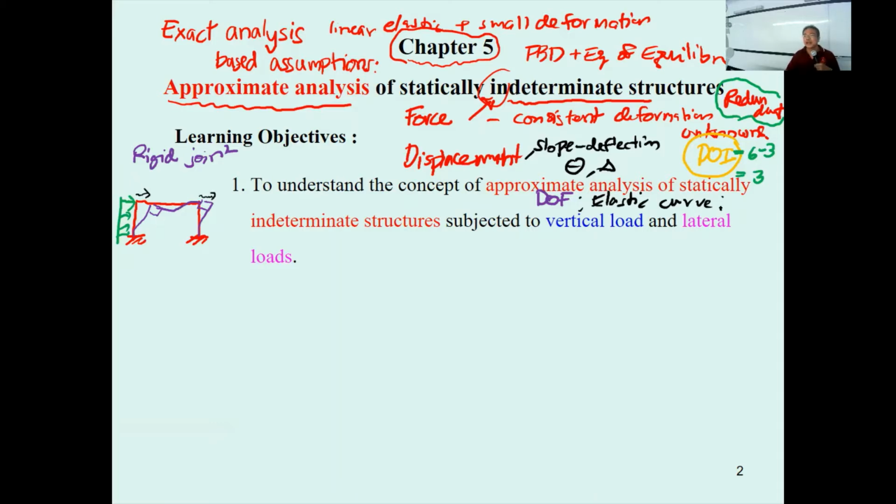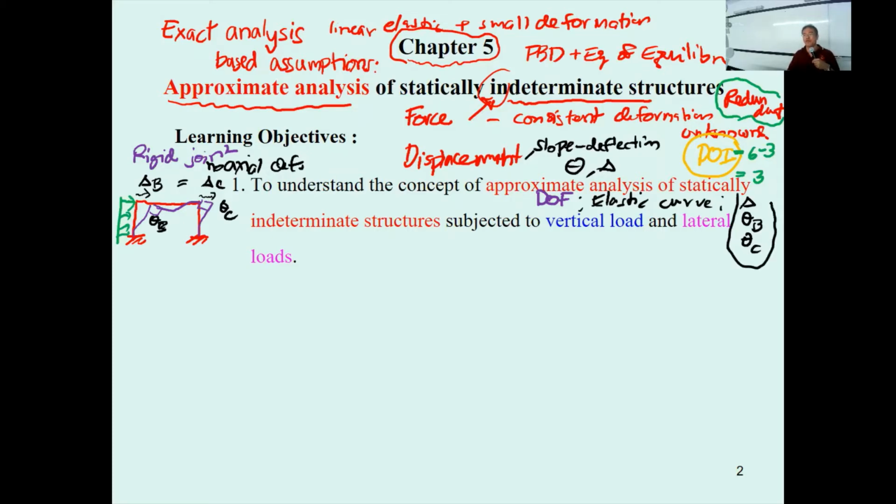It is going to be delta, and the delta here and the delta here are equal because there is no axial deformation of the beam and the column. Also, let's say this is theta B and this is theta C; they are equal. The delta, theta sub B and theta sub C add up to 3 unknown degrees of freedom.